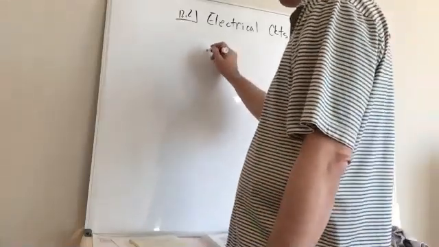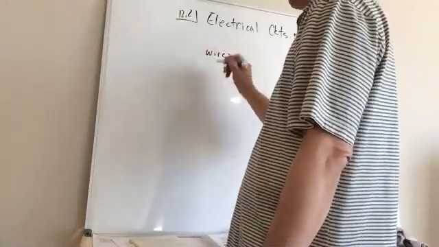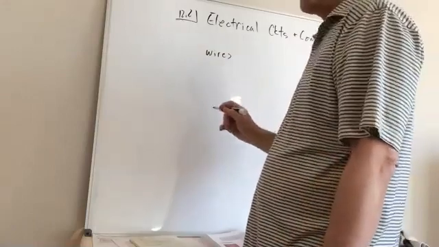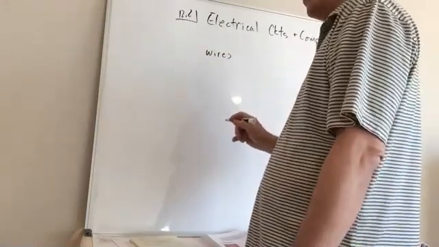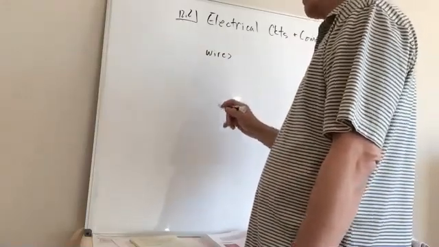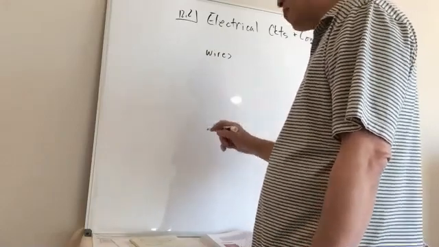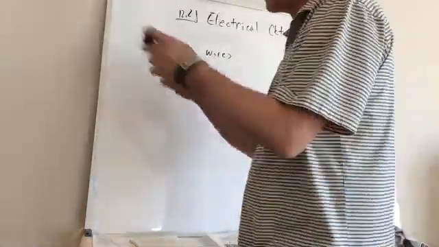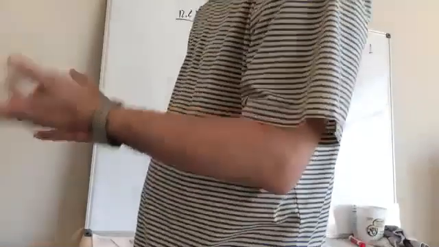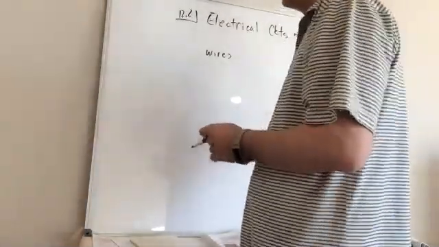Wires, okay, wires, what else? Maybe some type of metal that makes up the circuit. Okay, so that would kind of be the wires. Wires connect all the various components within a circuit, correct?